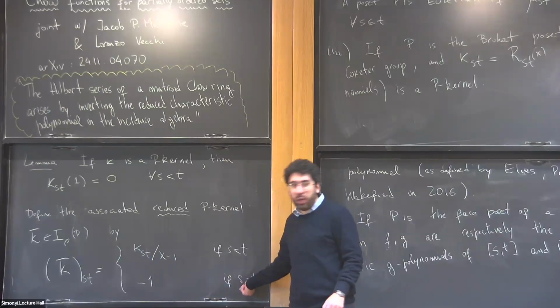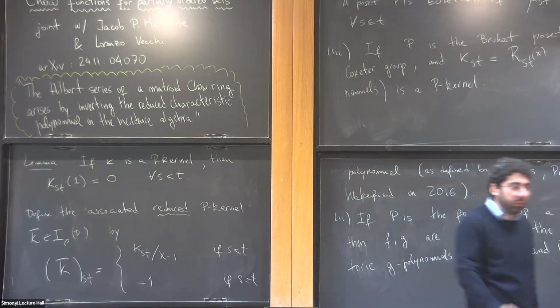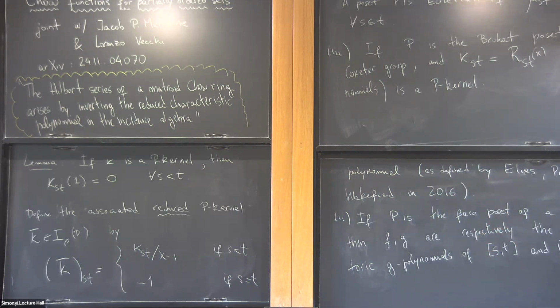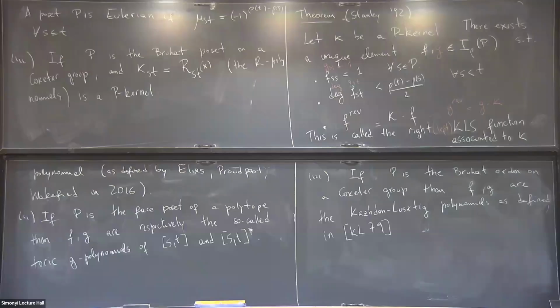But for trivial intervals, you have to make a choice what to put. So what's the reduced characteristic polynomial of a uniform matroid of rank 0, or of a loop, for instance? You have to decide how you define that. And I argue that the correct definition should be putting -1.